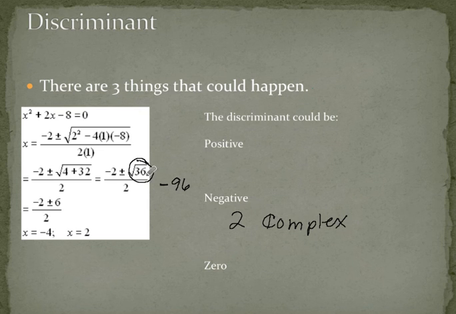If your discriminant is positive, as it was here, you get two real solutions. And if your discriminant is 0, you will get one real solution at the vertex.